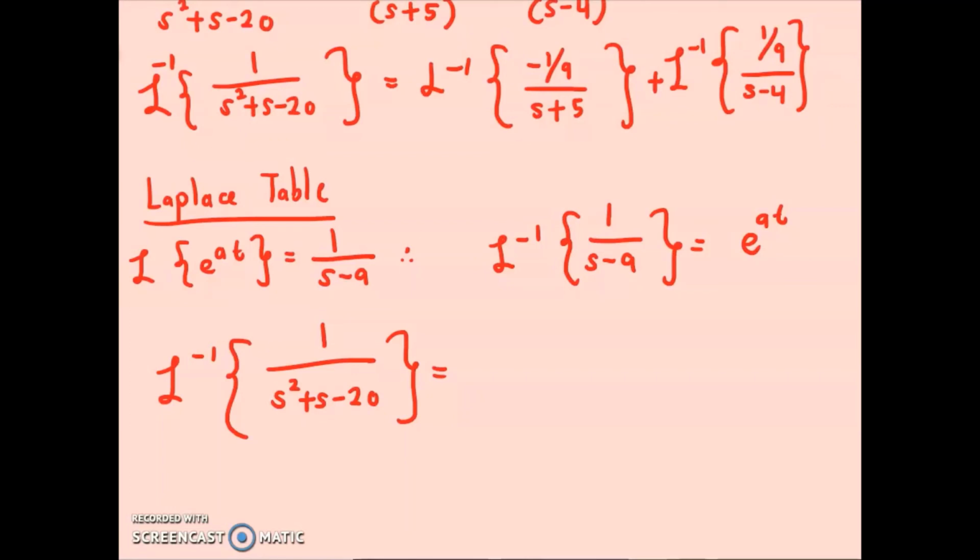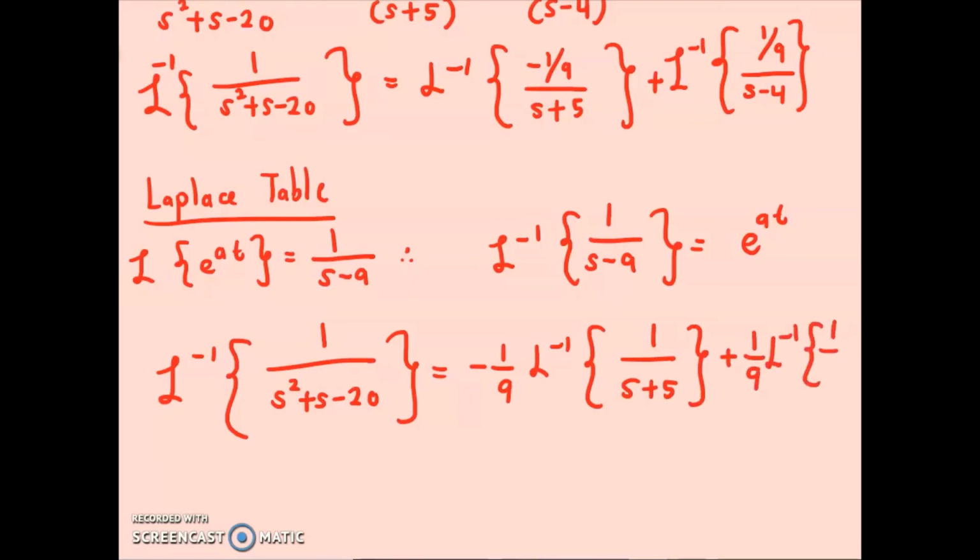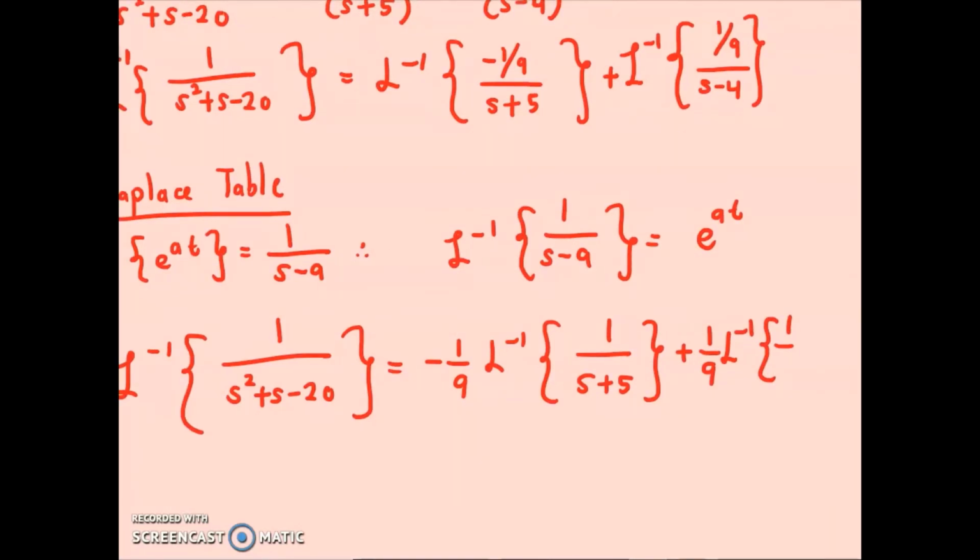I just take out this negative 1 over 9, Laplace inverse of 1 over s plus 5, plus 1 over 9 Laplace inverse of 1 over s minus 4. So what is this? Here a is negative 5, so I have negative 1 over 9 e to the negative 5t plus 1 over 9 e to the 4t, since in this case a is 4. There you go. That's how you find the Laplace inverse.